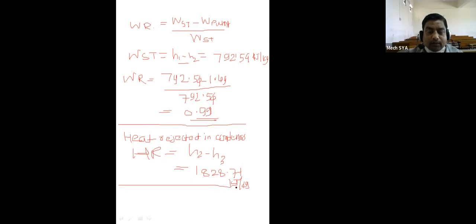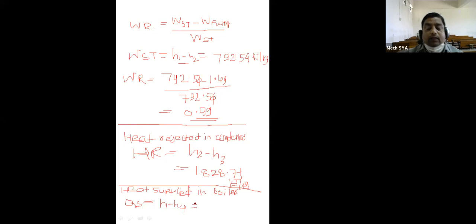Similarly, the next parameter asked is heat supplied in boiler. So heat supplied in boiler will be what? Anybody? What is the formula? We can call it QS or HS. Heat supplied in boiler, QS or HS, is H1 minus H4.